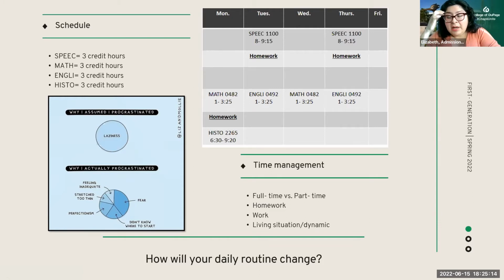Students typically, another frequently asked question is, how do I make sure I finish in 2 years? I want to be done in 2 years. So if you want to be done in 2 years, students typically take about 15 credit hours per semester to be on track to finish in 2 years. If you are an adult student, you're going to take however many classes you can take per semester, right?